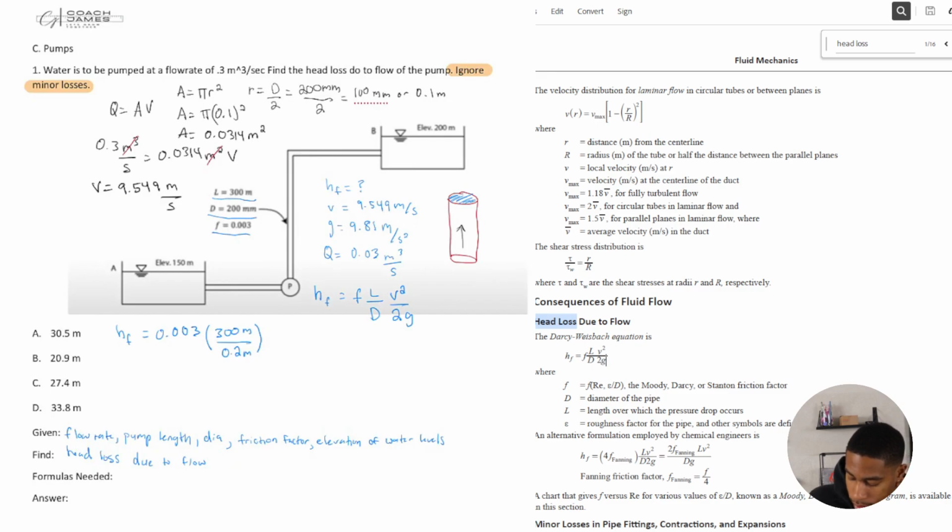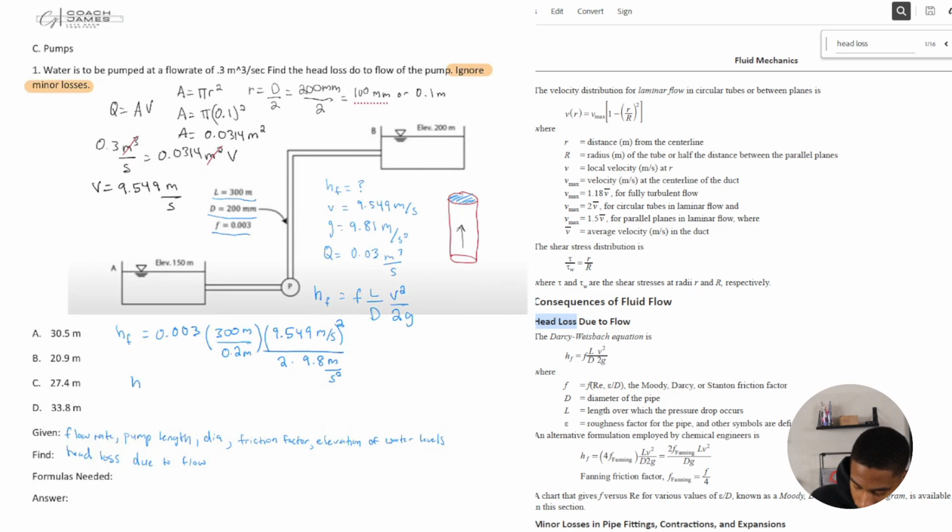So L over D times my V, which is my velocity, 9.549 meters per second, all that squared, divided by 2 times 9.8 meters per second squared.